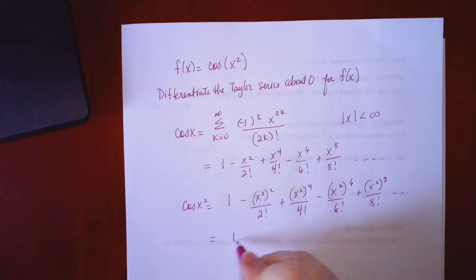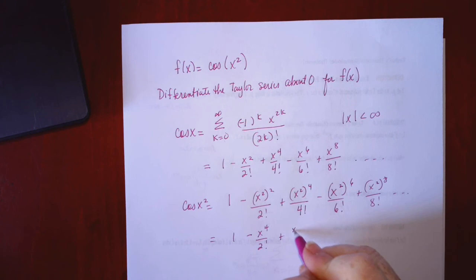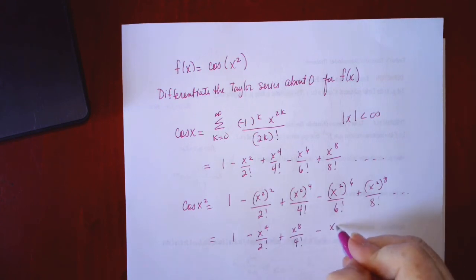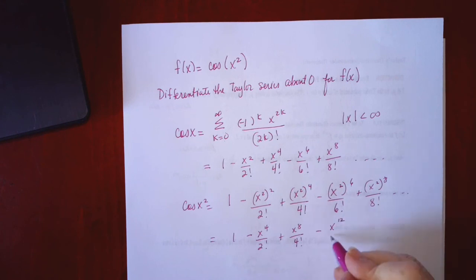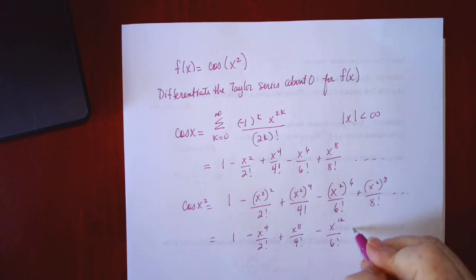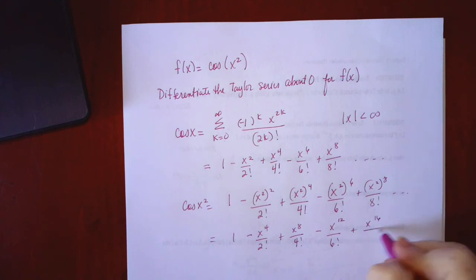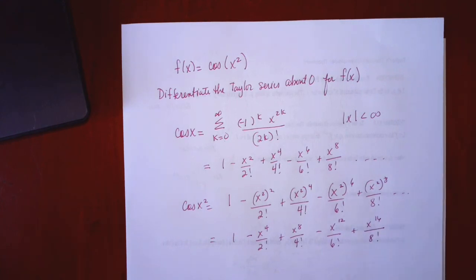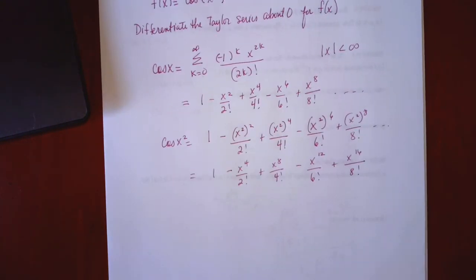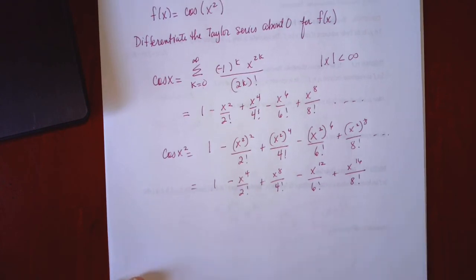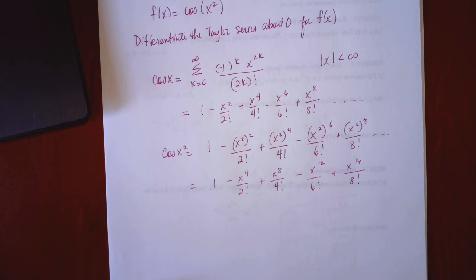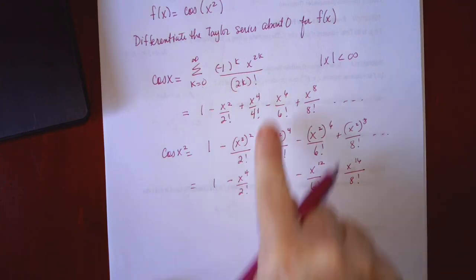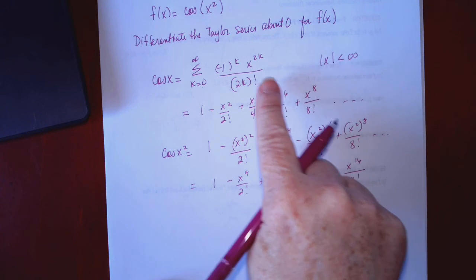So that would be 1 minus x to the 4th over 2 factorial plus x to the 8th over 4 factorial minus x to the 12th over 6 factorial, etc. Okay. Now, what would your power series representation look like? We could do that. I mean, just replace the x's up here with x squared.